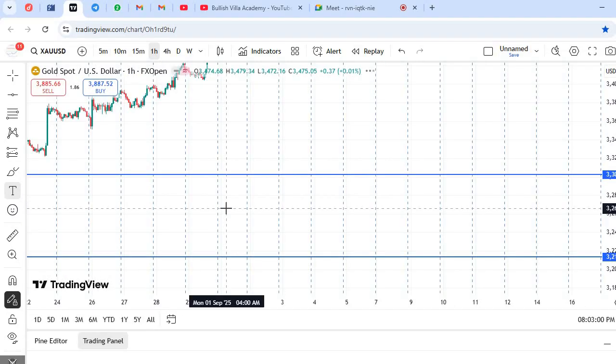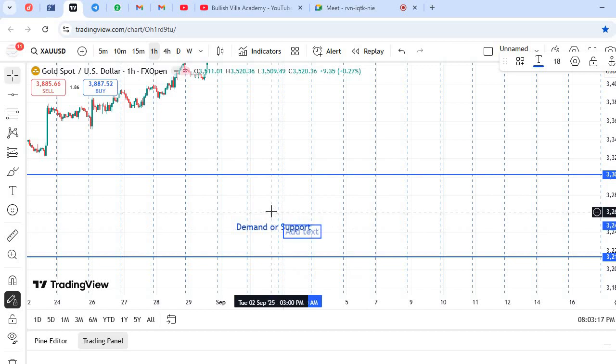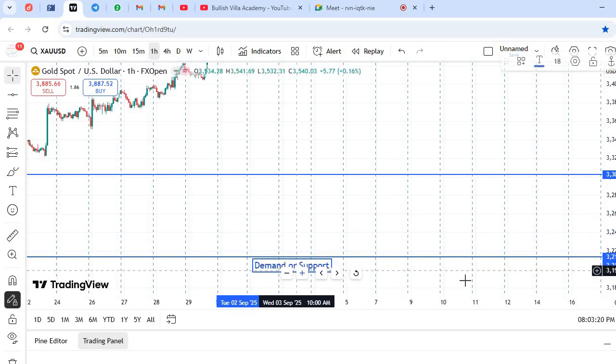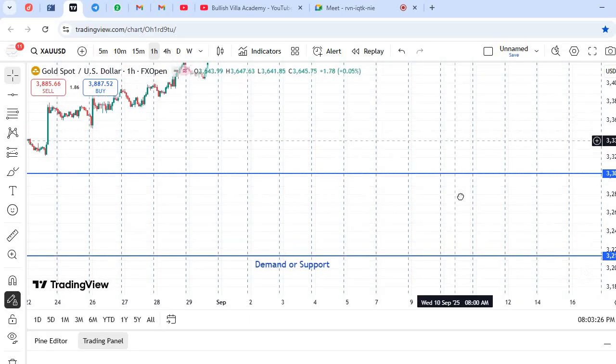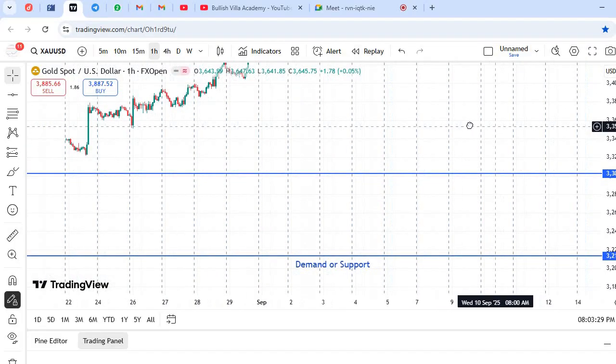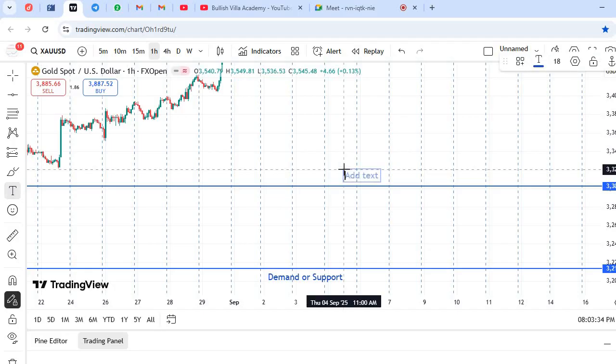So the one below, we'll call it demand, or we call it support. Then the one above, we call it supply or resistance.